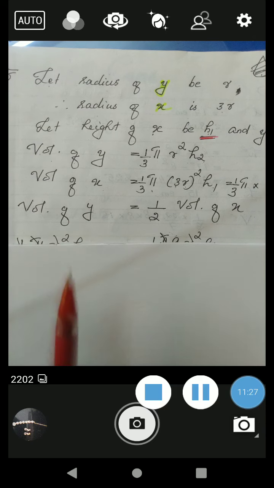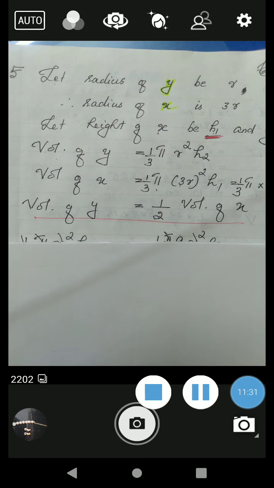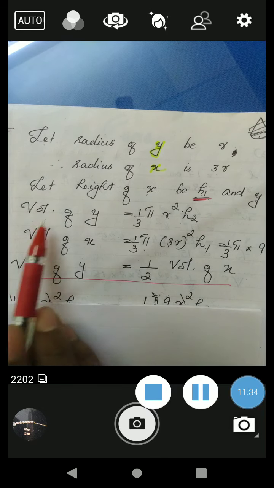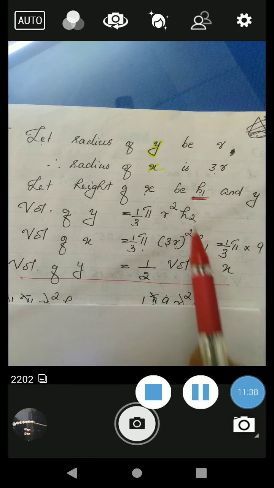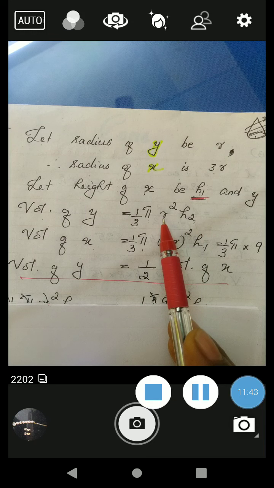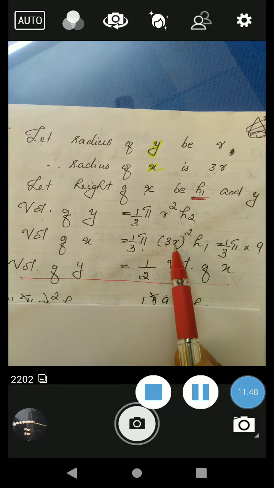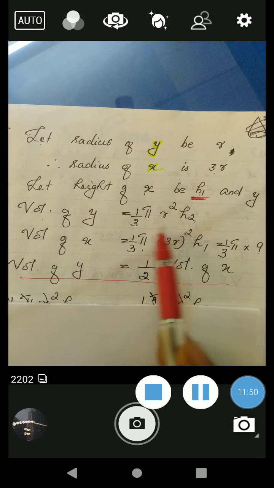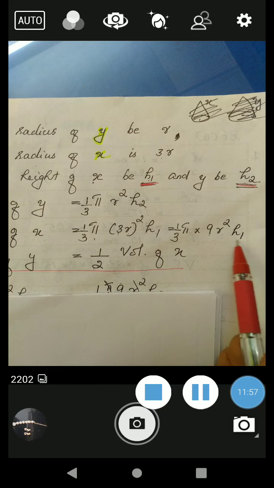Volume of y is equal to half the volume of x. Before that, we can find volume of y. Volume of y is 1 by 3 pi r square h. So here in this case, h is h2, r is r itself. And volume of x, its radius is 3r and its height is h1. Therefore, you will get the volume is 1 by 3 pi into 3r the whole square into h1. You can simplify that and you will get this.